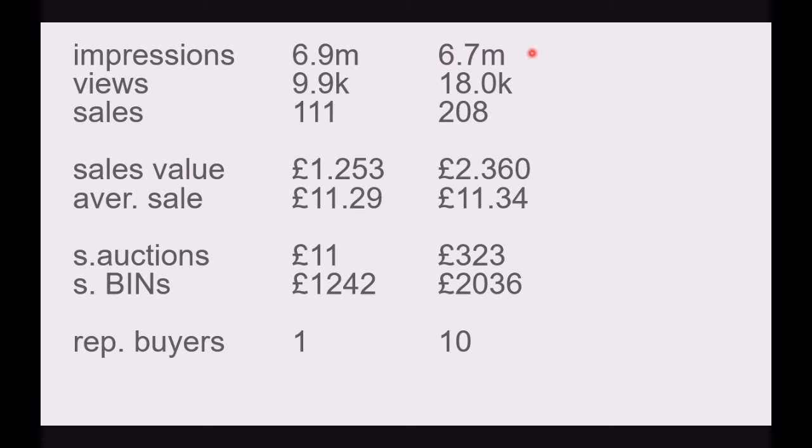Since October, the lowest I have ever been was December, 5.1 million, but remember there is a Christmas period in December. For me, it's a very slow period. 5.1 was the lowest, and 6.9 was the highest. So comparing October to January, there is no difference in impressions.